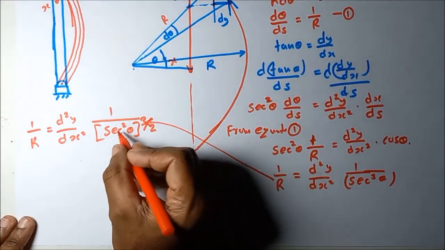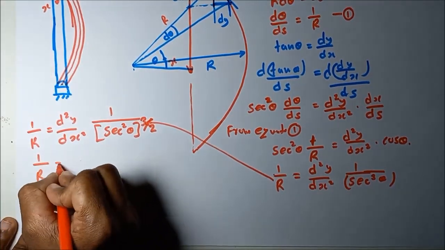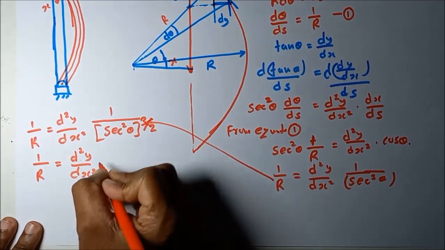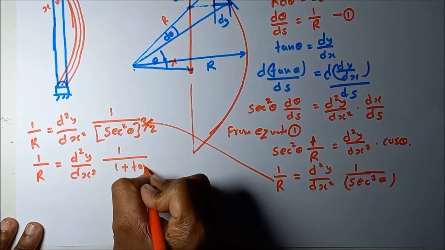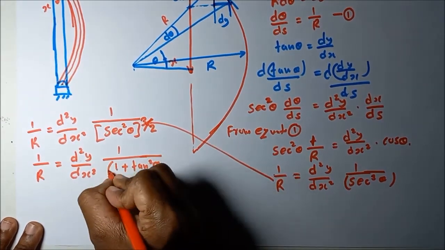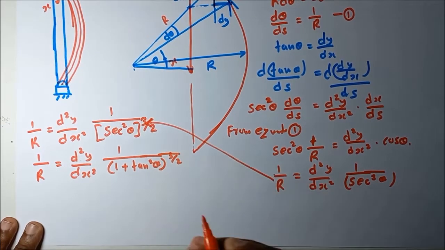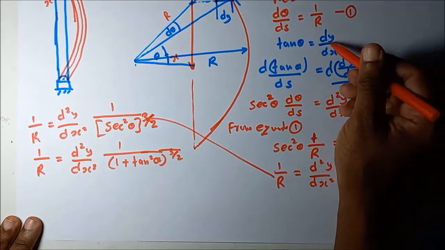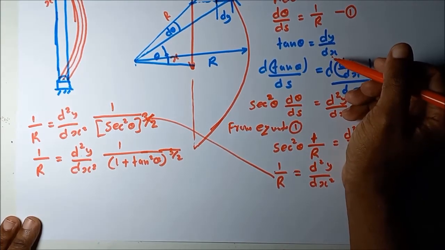Then what is sec square theta? In trigonometry, you know sec square theta is equal to 1 plus tan square theta, to the power of 3 over 2. Then what is tan theta? From this equation, tan theta is equal to dy over dx.